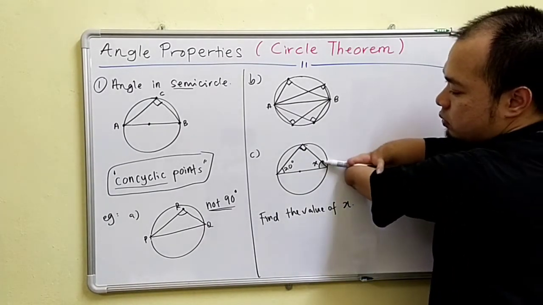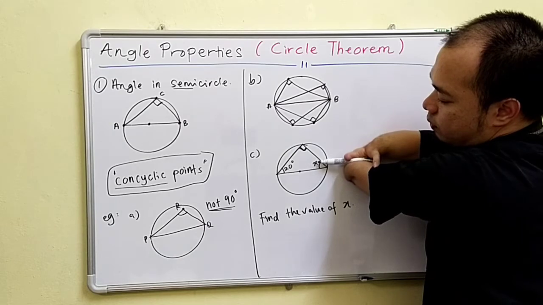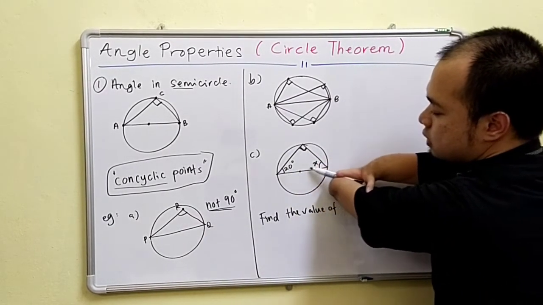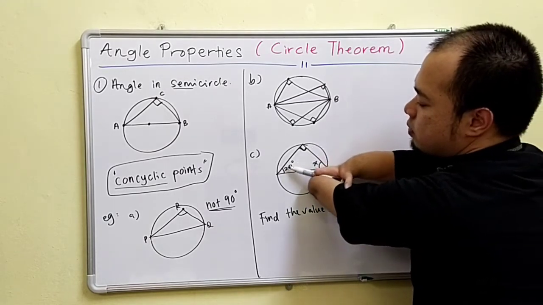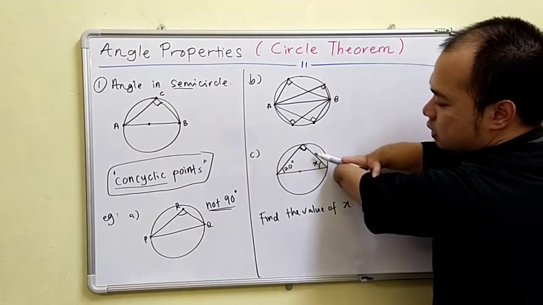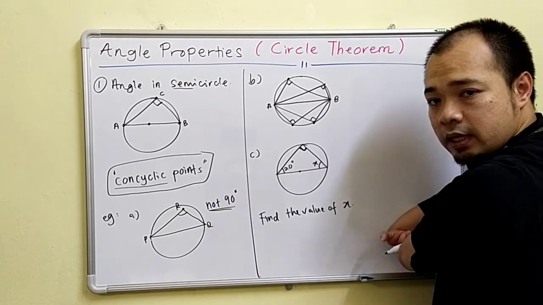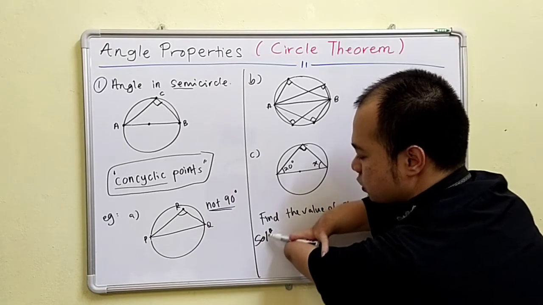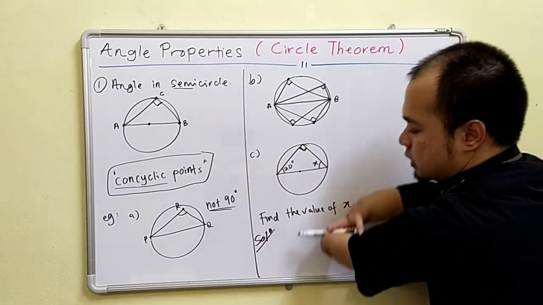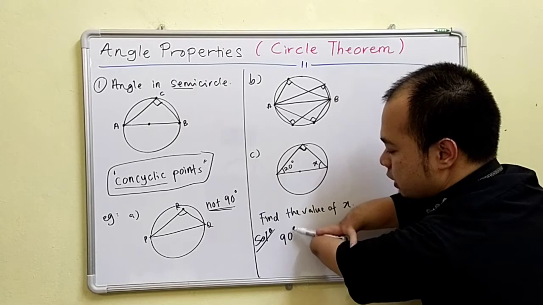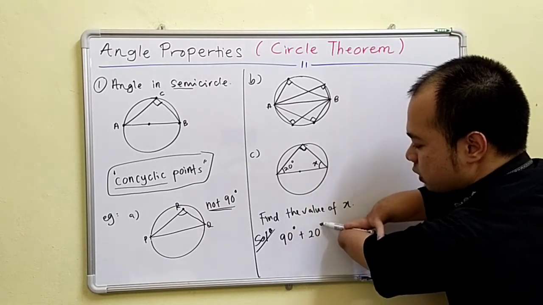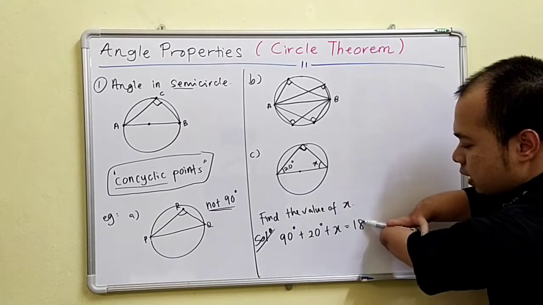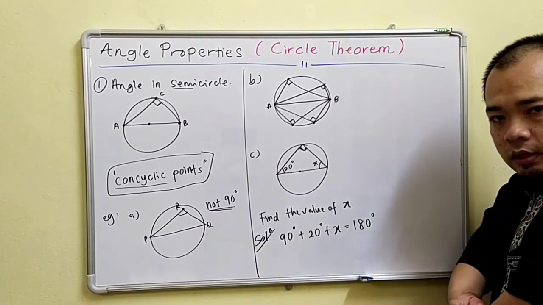So by that we can find the value of angle x. How to find the value of x? We know that this is a right angle triangle, so the sum of the interior angles of a triangle is always 180. So the solution: this is 90 degrees, plus the 20 degrees, plus x, the sum must be 180 degrees.